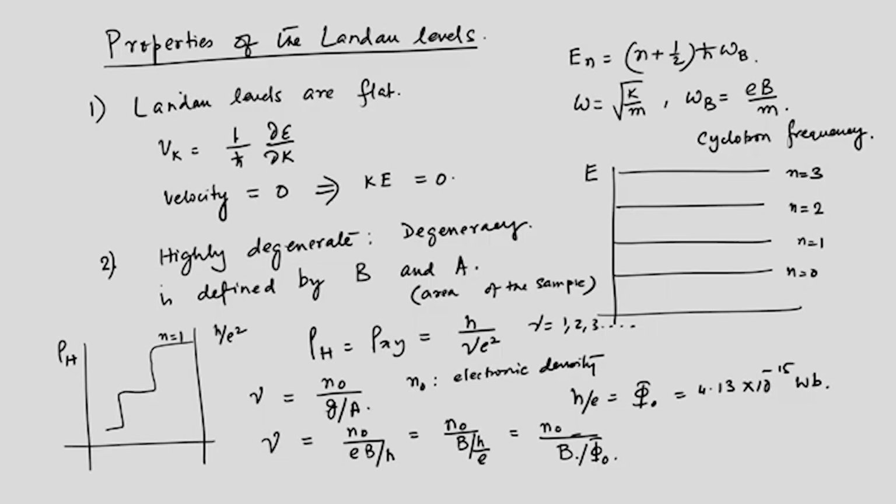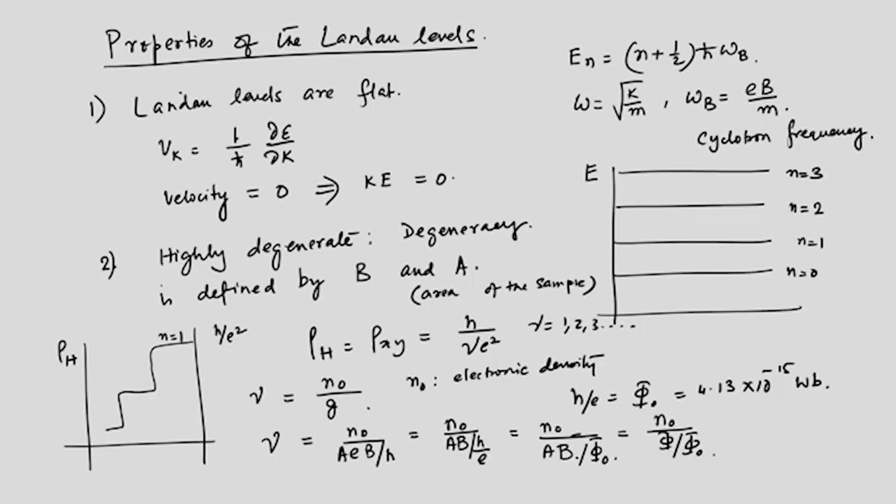And if we do not talk about the degeneracy per unit area, we can remove the per unit area and write it as only degeneracy, in which case we'll have the area here, which means the degeneracy is equal to n0 divided by phi upon phi 0. So the integers of the plateau are the ratio of the electron density divided by the flux divided by the flux quantum.